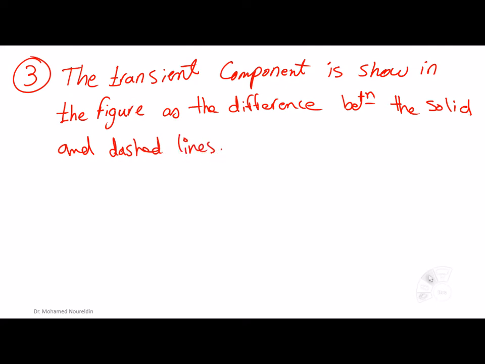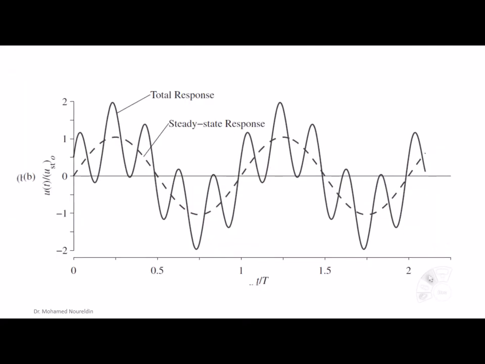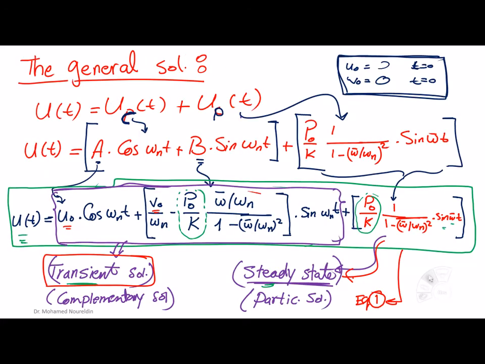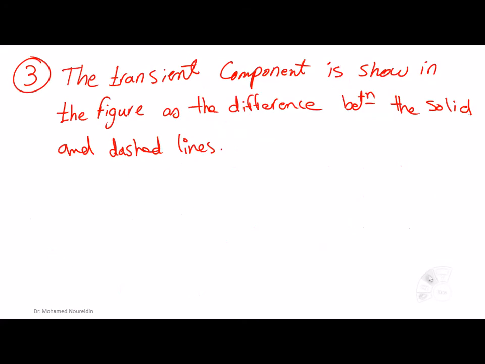As I have mentioned, if we go back here, this part, which is the difference between the total response and the steady state response, we call it the transient. This is the transient, which is the first two terms in this equation, okay?